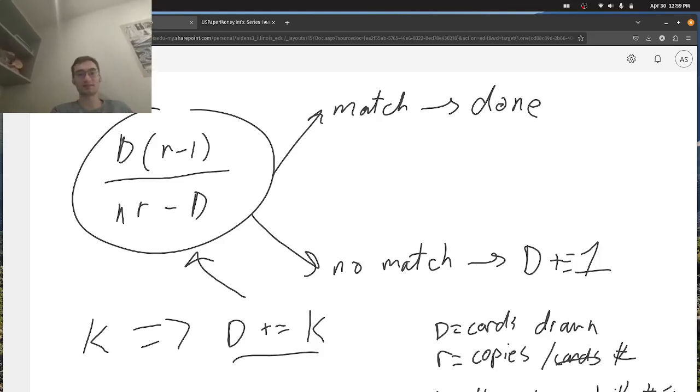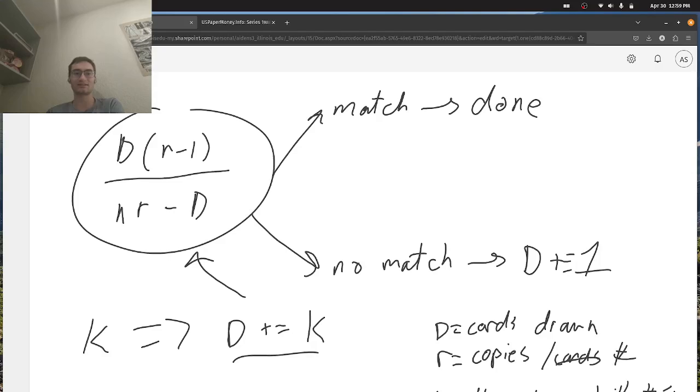Essentially, the number of cards drawn multiplied by the number of copies per card minus 1 is the amount of cards in the deck that match the serial number with the card that you own.